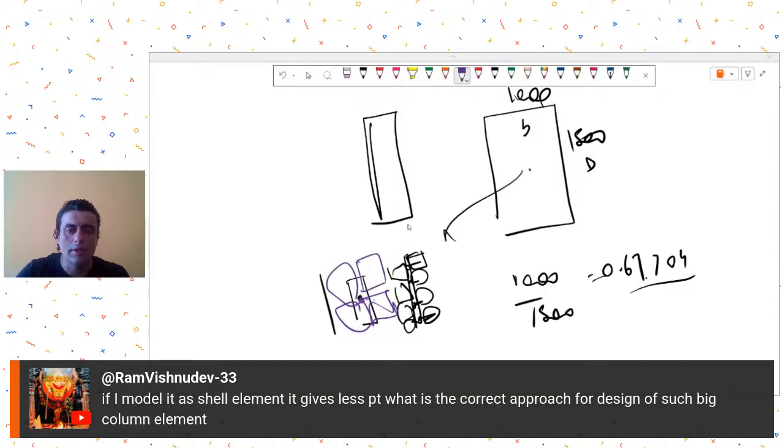So because of that difference, you have observed the differences in moments, because of which the percentage PT slightly changes. Okay, the design process remains the same, but what changes are the moment values, and because of that, you see the difference in percentages.